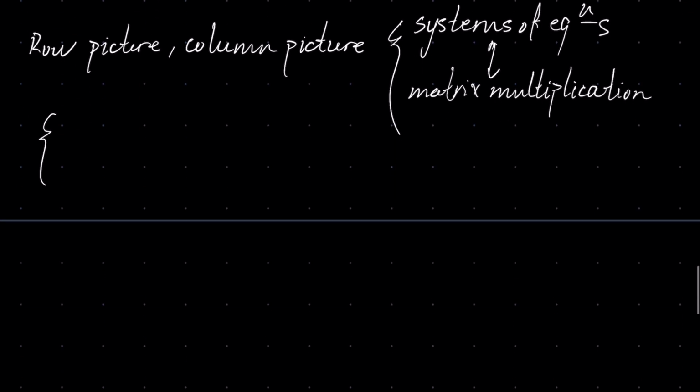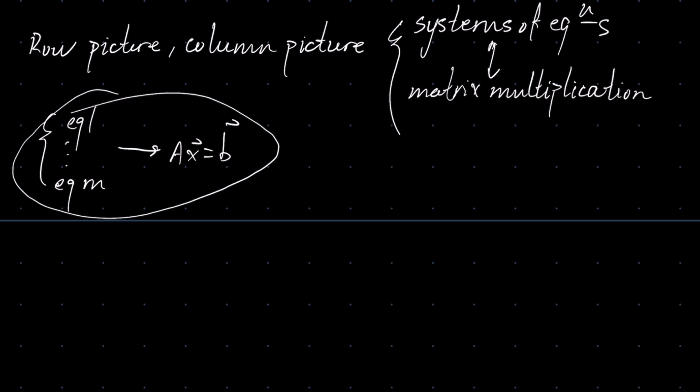We can convert a particular system of equations to Ax equals b. Now, this conversion is very important, and we'll be doing it very often such that you'll not even notice that you're using the concepts of this tutorial.